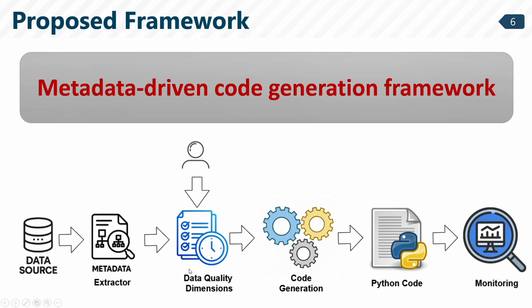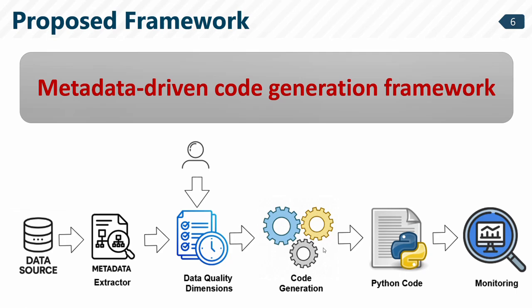Next, data quality dimensions. We link data quality dimensions like completeness and accuracy to schema elements. We set defaults but allow for human adjustment of mapping or thresholds. In code generation, we convert each quality dimension into a specific check in Great Expectations, generating clear Python code.